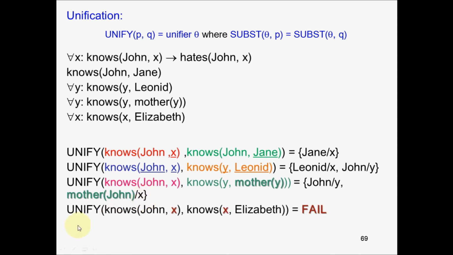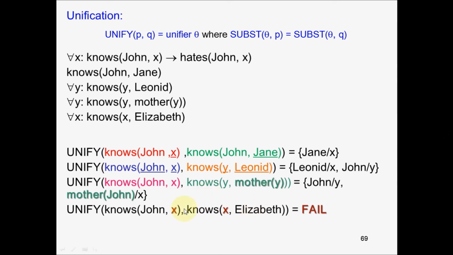But in this last one, unify Knows(John, x) and Knows(x, Elizabeth). Please note, it tries to unify by getting a substitution of x with John. But if x takes the value John, when it goes to the second term, x has to now take the value Elizabeth.